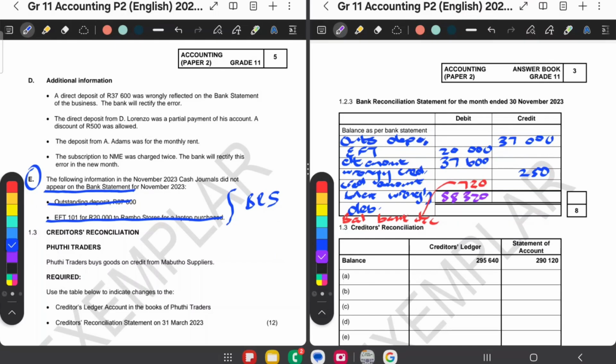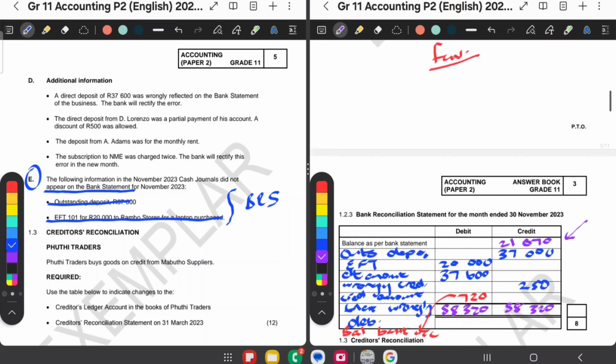Then you write that amount on both sides. And then to get this balance per bank statement, you say this minus this minus this will give me balance per bank statement, which is 21,070. And that's how you do the bank reconciliation statement. Yeah, everything is done.